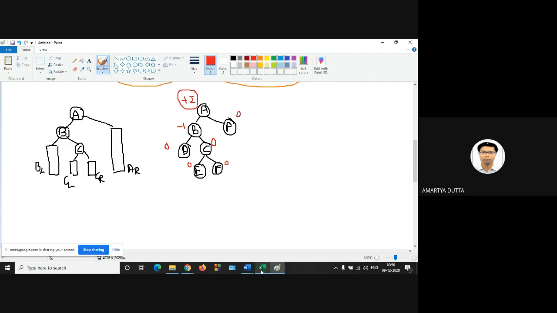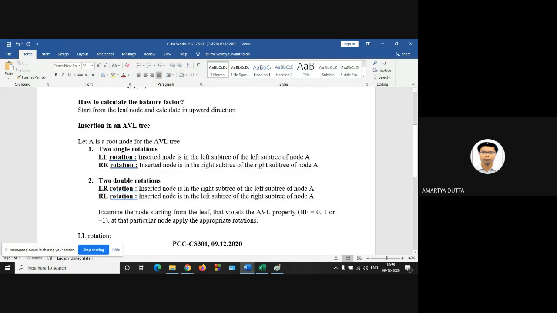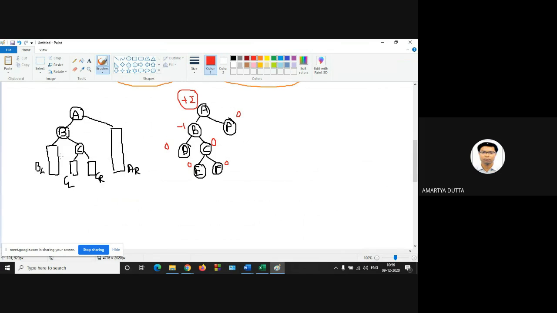Now, the inserted node is in the right subtree of the left subtree of node A. Right subtree of left subtree.